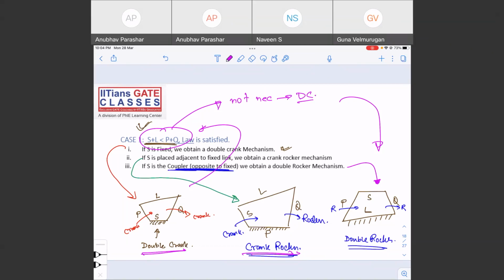There might be some other configuration like this. Whenever the smallest link is opposite to the fixed link, you'll have a double rocker. Both the lines have separate meanings. If I'm saying you want at least one crank, the law needs to be satisfied.